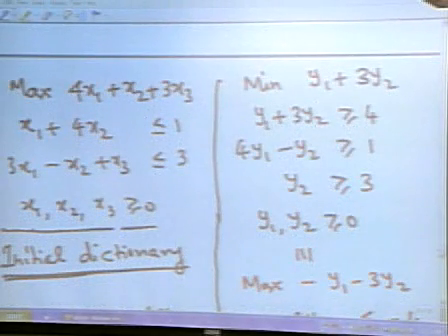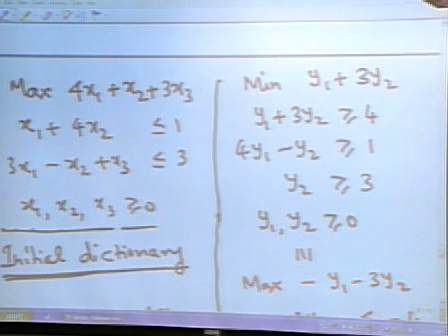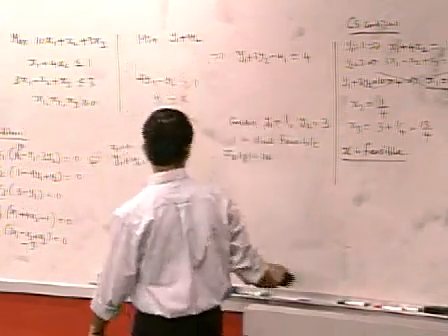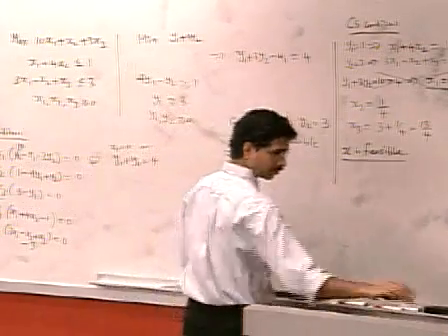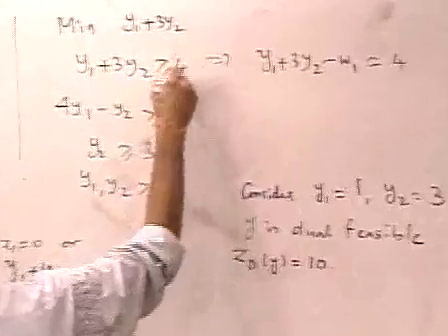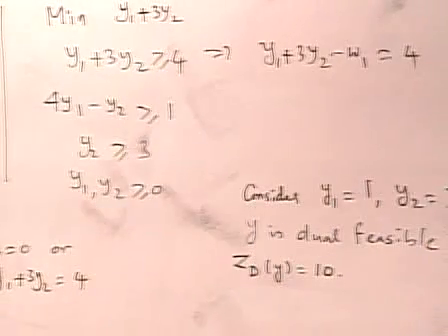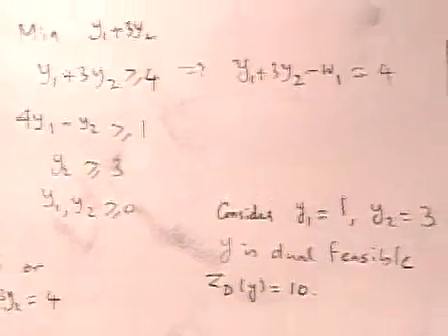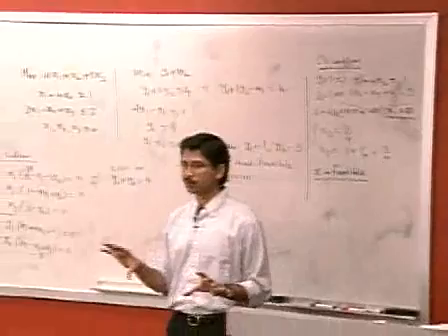Let's actually now look at this example that we have. This example is written down here as well. Let me get rid of all the blues. And what I want you to observe is the following. In the remaining 10 minutes or so, what I want to do is look at the dictionaries associated with these two problems, the primal and the dual.